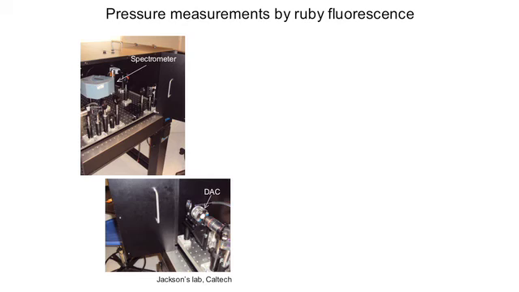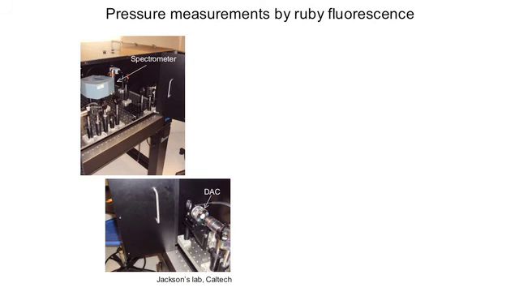And then one has to ask, how do we know what pressure or depth this mineral is experiencing? So in some cases, we use a ruby that's placed right next to the sample, and the chromium inside of the ruby gets excited by a laser, and we measure that fluorescence as we squeeze the cell.